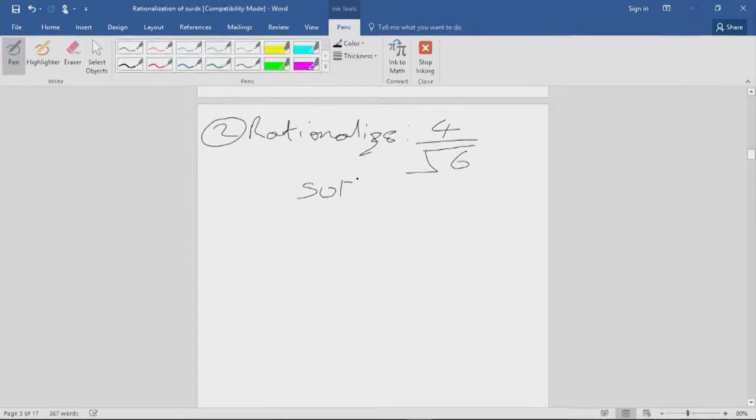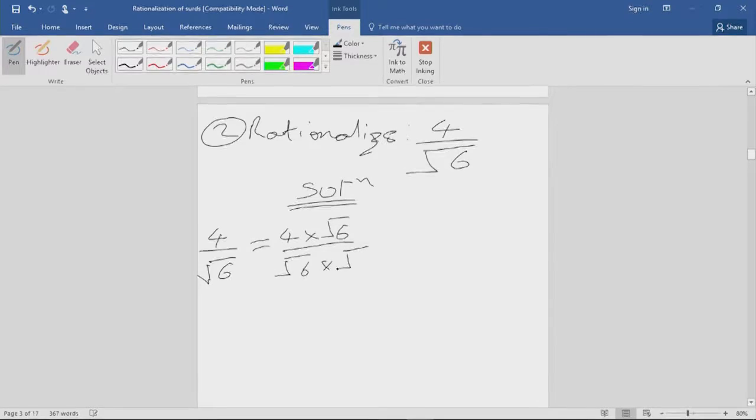Solution. You have 4 upon root 6. Again, we are going to multiply the numerator by root 6 and the denominator again by root 6.